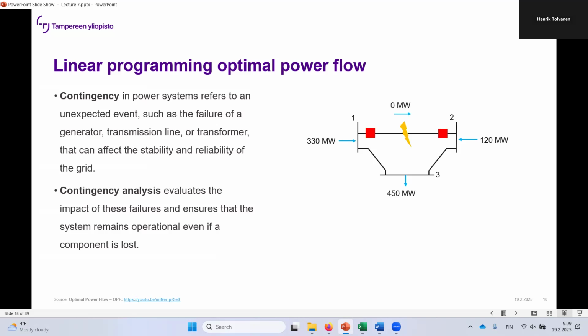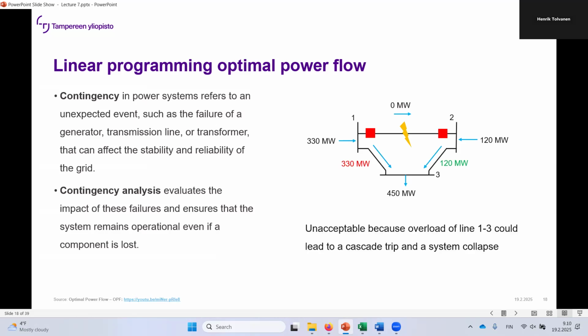So if there's going to be some failure of this line, so you cannot transfer any electricity through here, then this system would most likely be overloaded and the whole system would trip. So you have to plan ahead for these incidents.